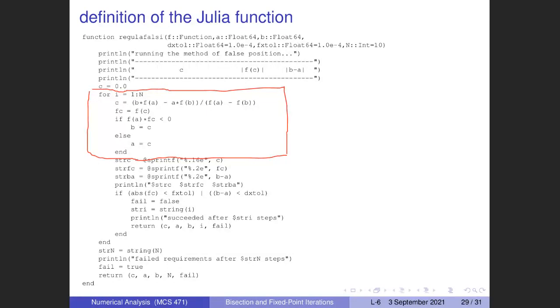I did not store the values for f of a, f of b, so they are computed. In some sense, this does 3 function evaluations per step, but this is not an optimized program yet, but it gives the essence.